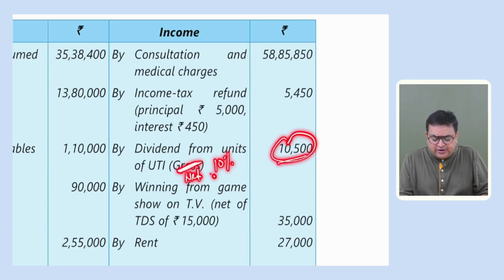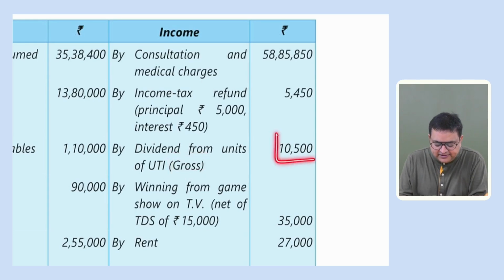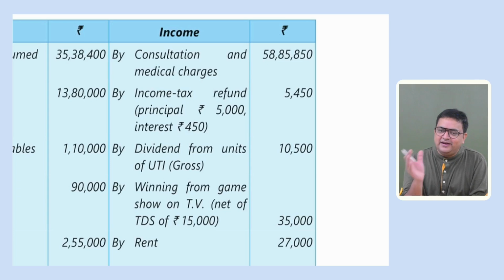So you would do 10,500 divided by 90 into 100, which takes this figure to the gross level, right? But here we don't have to do such a calculation, because it is already gross. Anyways, whatever is written over here, take it out from PGBP because this is not PGBP, this is IFOS. And in IFOS, please put 10,500 because this is the gross level which is given to us.